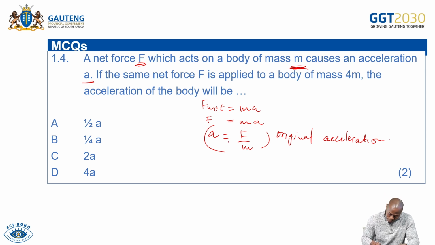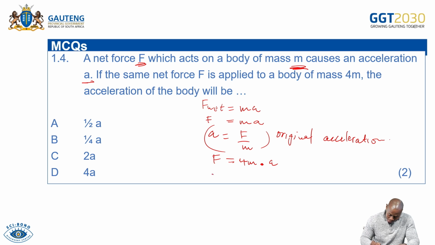So the mass now, we are having the same F, right? F is the same. Then the mass now is not m, the mass is 4m, right? We are looking for acceleration. So I'm making A the subject of the formula.